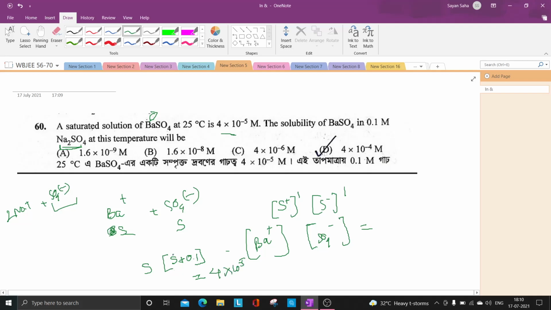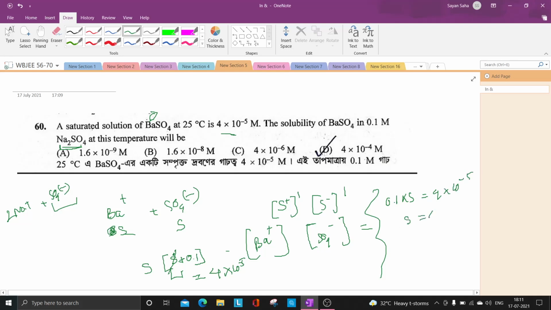So you see this S, if we compare to 0.1, you can solve this equation, but this is a waste of time and also the answer will not come in that way. So you can do one thing: as S is very less compared to 0.1, neglect this S. So I am writing here, it will be 0.1 into S will give you 4 into 10 to the power minus 5.